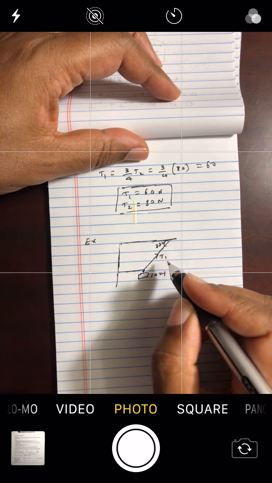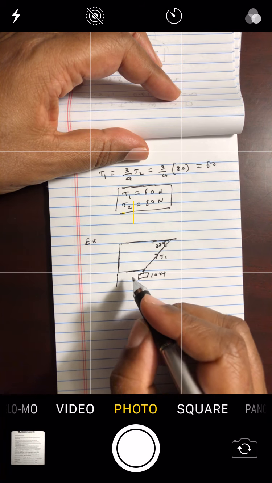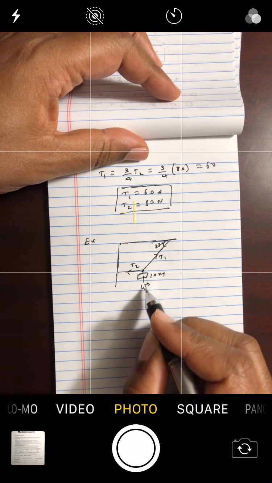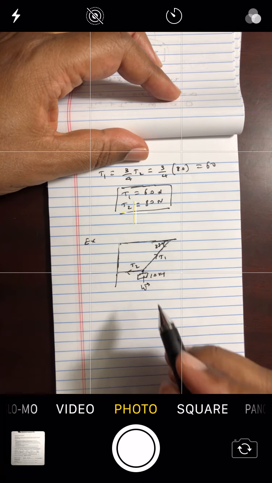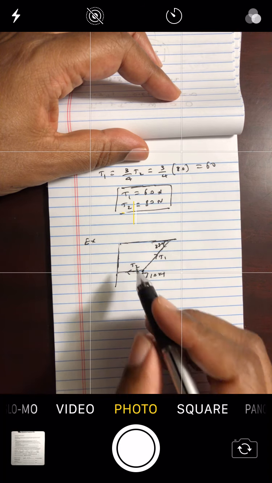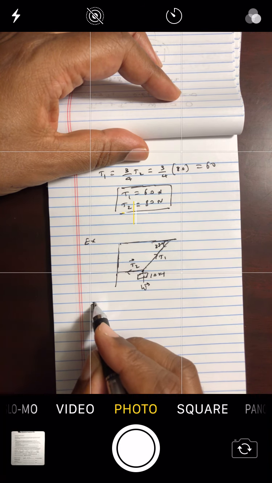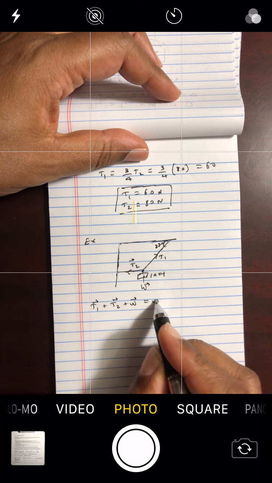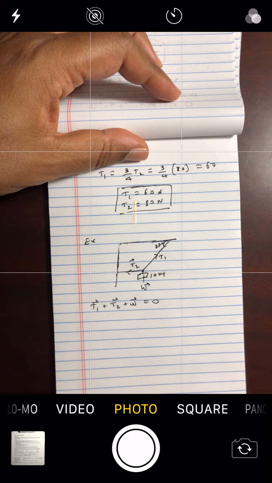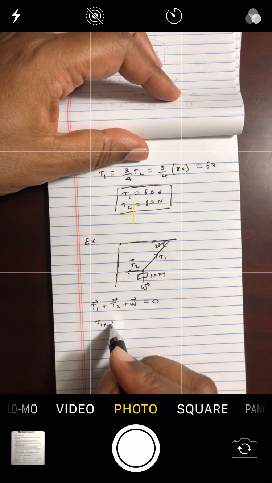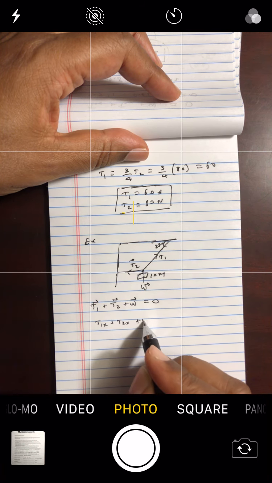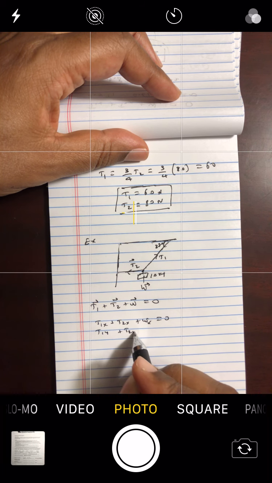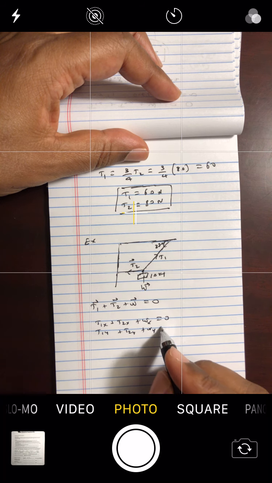We have tension T1 going this way, we have tension T2 going this way, and you get the weight pulling down. Okay, so this object at rest, you get these three forces, the same thing. So we do T1 plus T2 plus the weight equals 0. But if we rather use the components, then we'll say T1x plus T2x plus Wx equals 0. T1y plus T2y plus Wy equals 0.